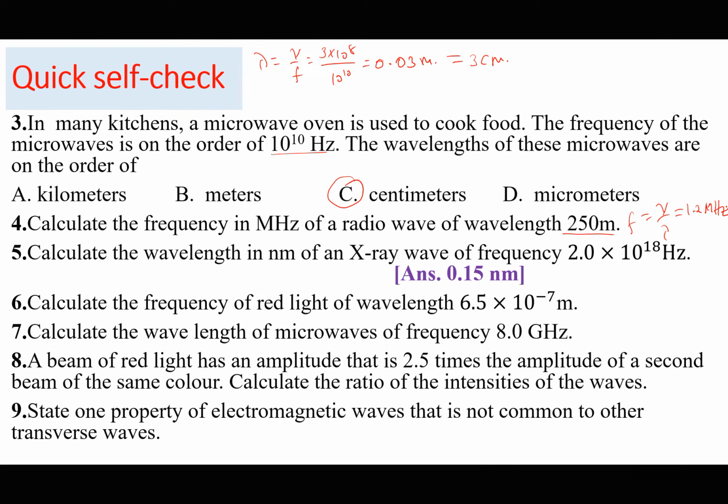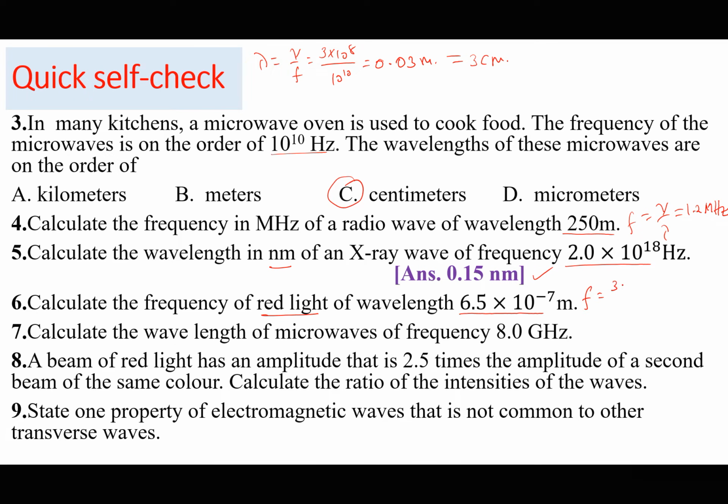You can verify. Calculate the wavelength in nanometers of an X-ray wave of frequency 2 times 10 to the power of 18. You can verify if that is correct. Calculate the frequency of red light of wavelength 6.5 times 10 to the power of minus 7.